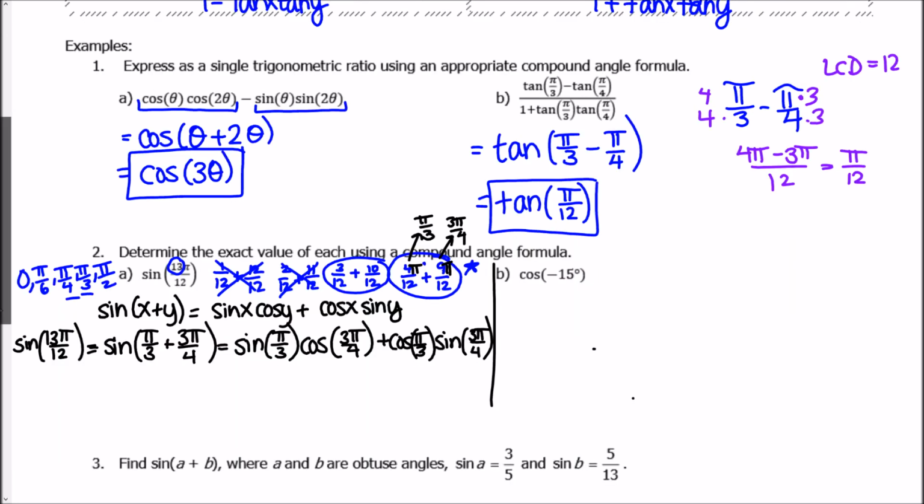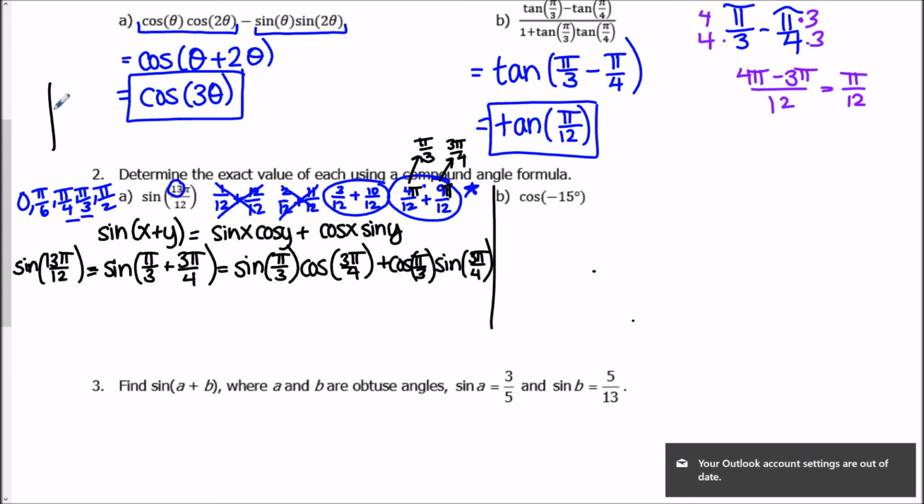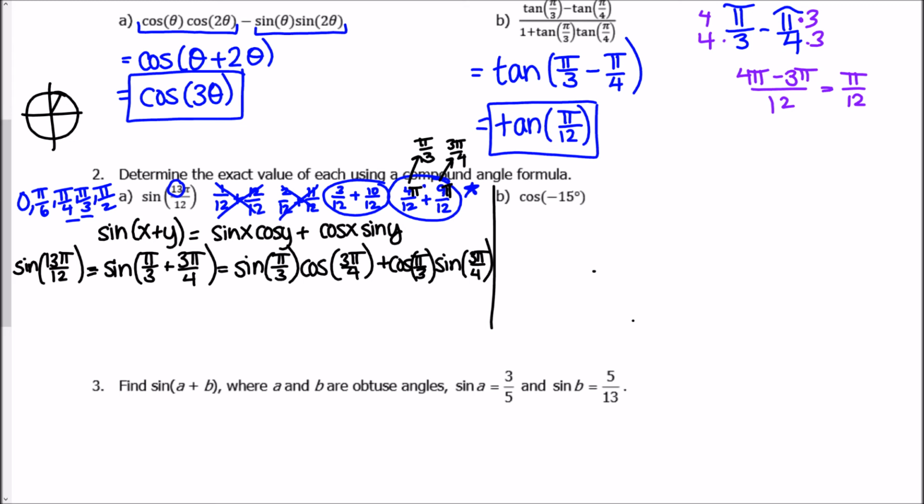Okay, so let's take a look at what we have using the unit circle. So using the unit circle right here, I know that pi over 3 ends up being right here. And so when I look at this angle right here, I know that this is pi over 3.